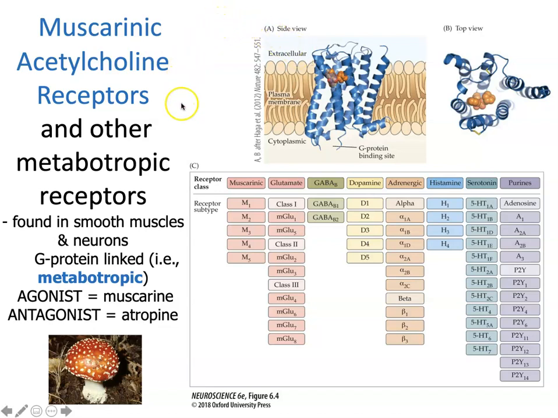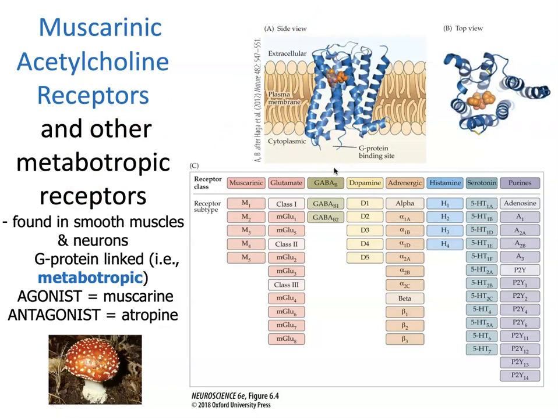In the areas of the brain which would control nausea and the sensation of nausea that causes vomiting, you would have at those particular synapses these metabotropic receptors, and scopolamine will block these receptors so that the acetylcholine is no longer capable of binding, and therefore you lose the sensation of having motion sickness.